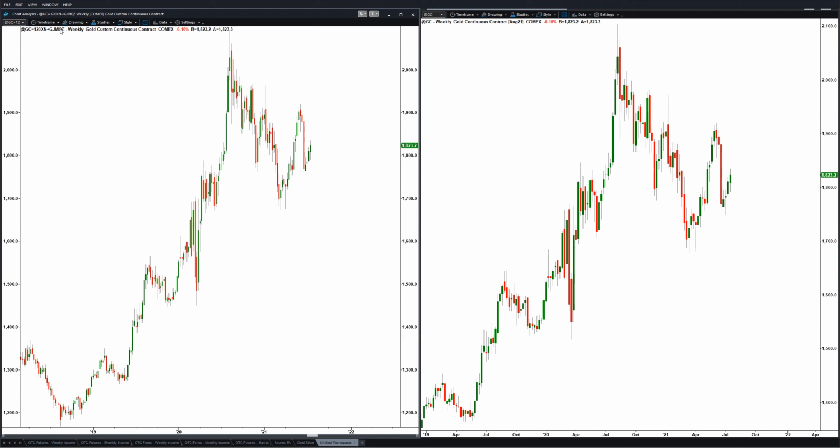Having said that, if you said, for that reason, because a lot of people are looking at the adjusted chart, I want to look at the adjusted chart, this would not be wrong.